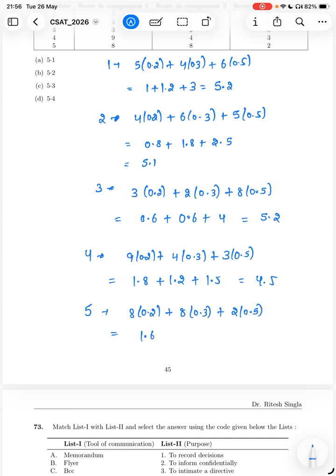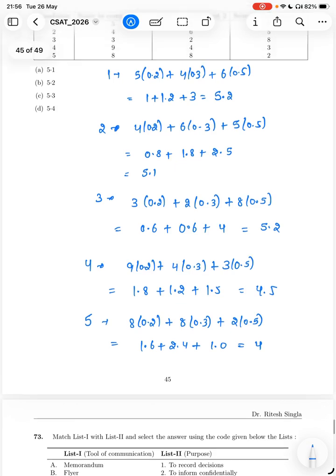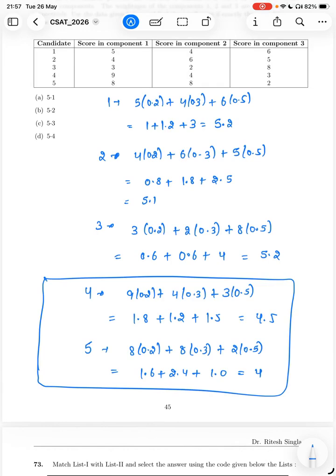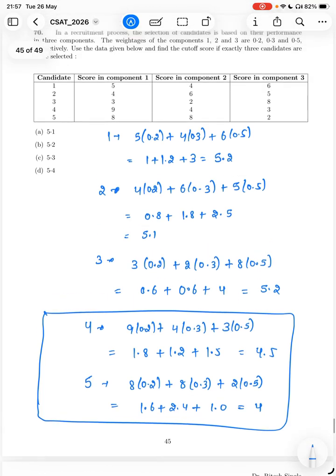It is 1.6 plus 2.4 plus 1.0, which is 4. So if we want to get rid of these bottom two, any small positive number which is strictly greater than 4.5 will do the job. So what should be the number? 5.1. Because if we had used 5.2, then only 1 and 3 would have passed. So 5.1 should be our cutoff.